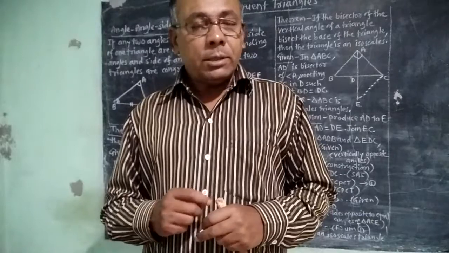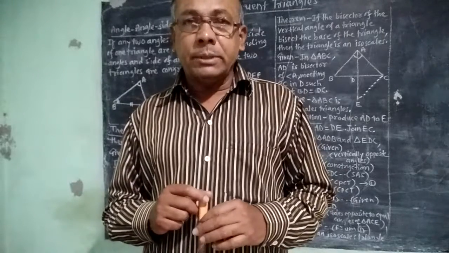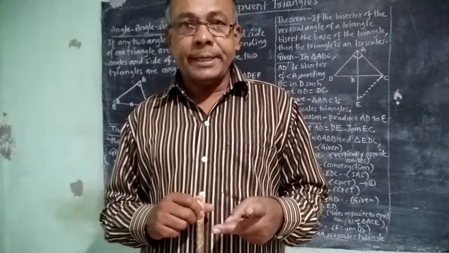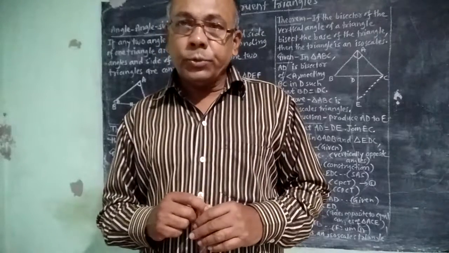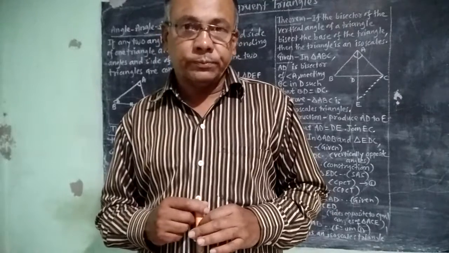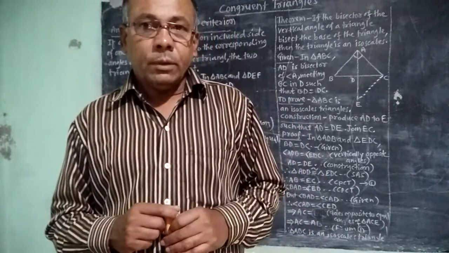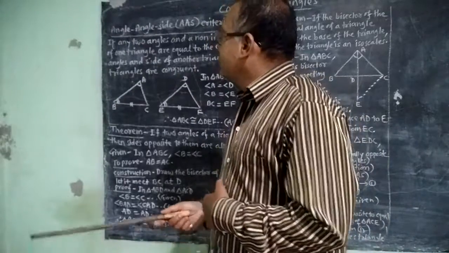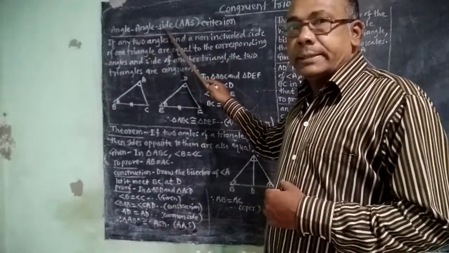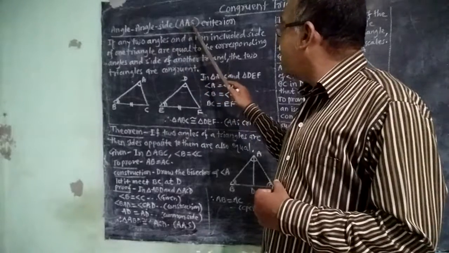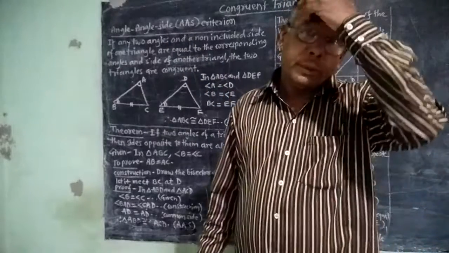We have also seen some theorems related to these two criteria, and we have solved some examples. Now we have to see the next criteria, that is angle angle side or AAS criteria.